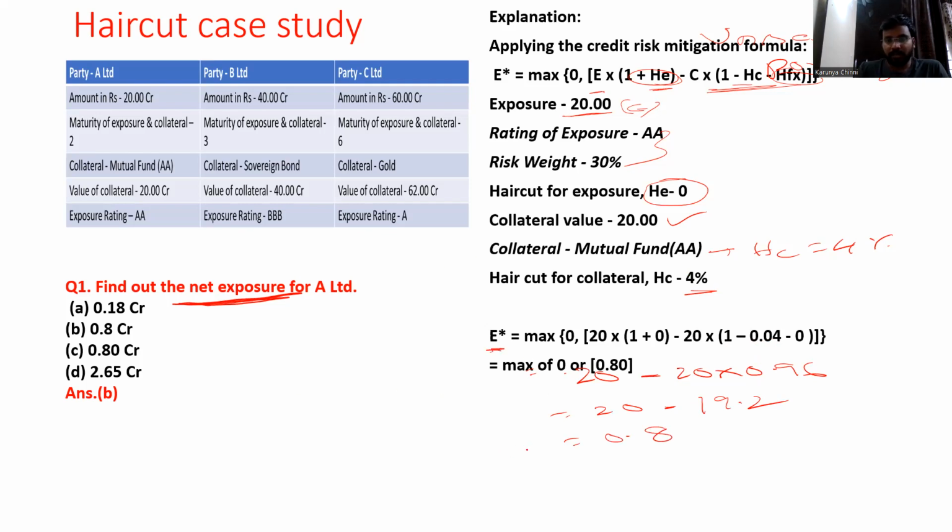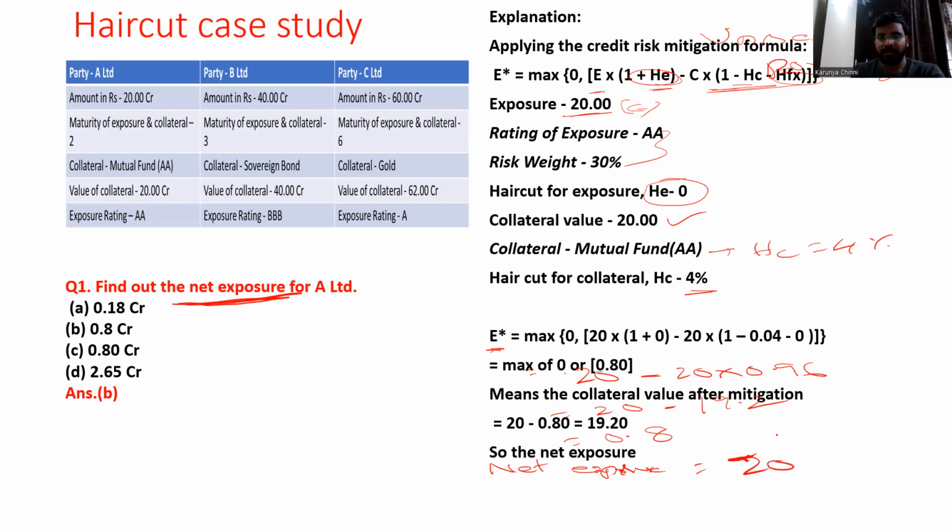Now we have to calculate the net exposure. Net exposure means it is 20 minus... So first we will calculate the 0.8 we got as exposure.